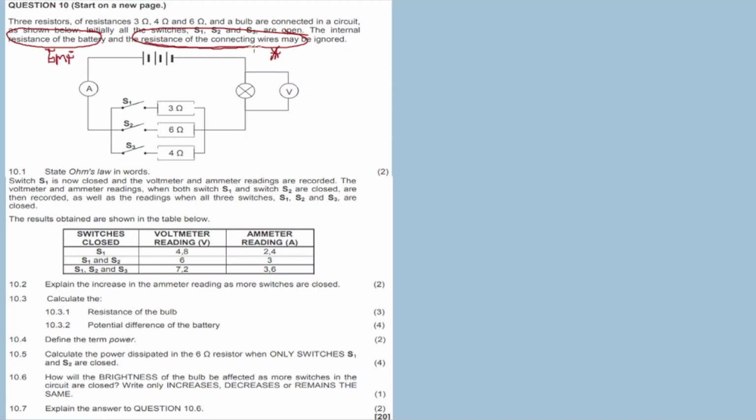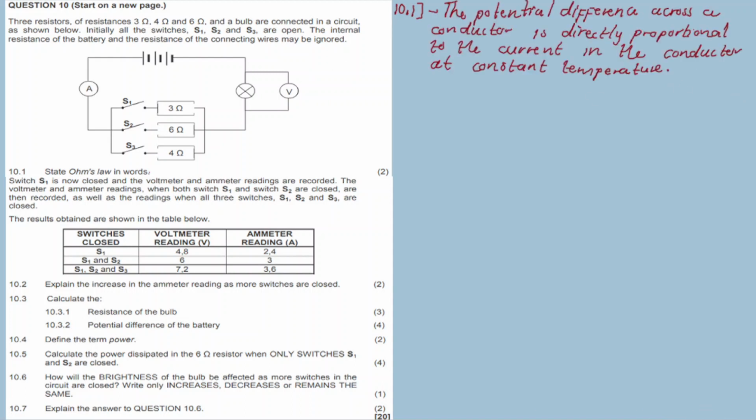Especially when talking about electricity, you will discuss this part. Since it deals with ohmic circuits, these circuits obey Ohm's law, which states that the potential difference across a conductor is directly proportional to the current in the conductor at constant temperature.